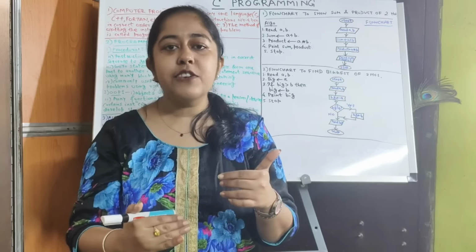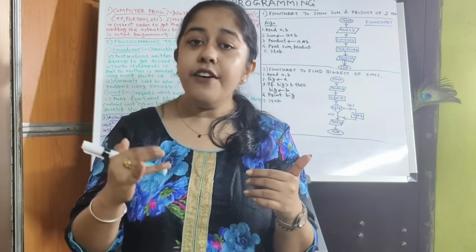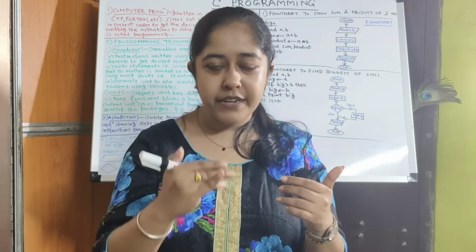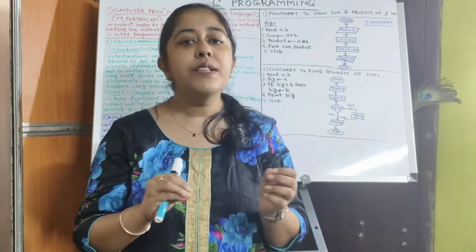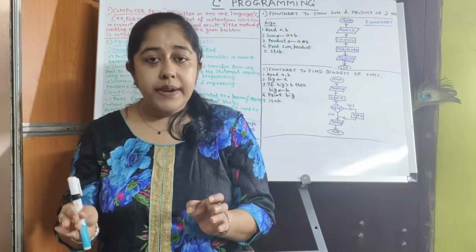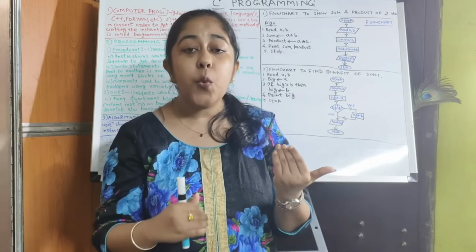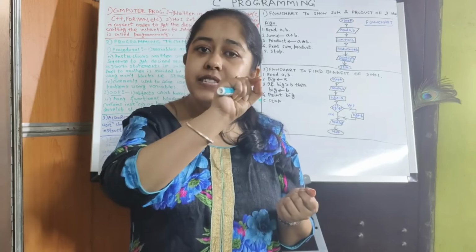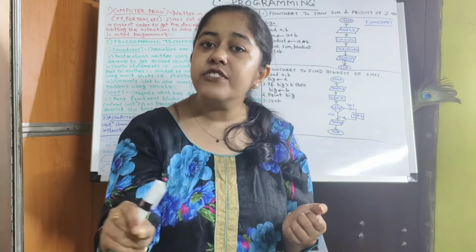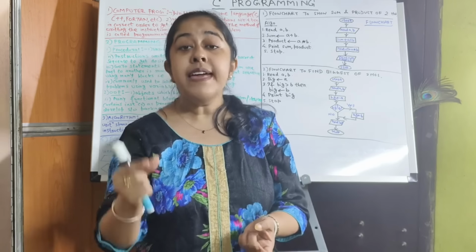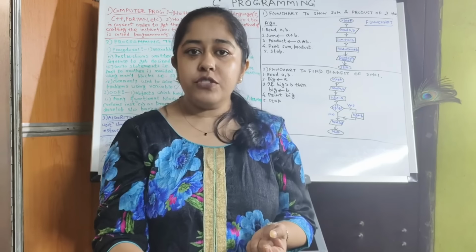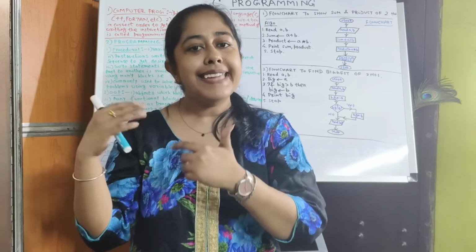In a particular sequence, the whole thing is written. When it is written in a particular sequence, then only you will get the desired result. Whatever instructions you are giving, the computer will just go through each and every instruction you are providing. Then after seeing those instructions, it will do some calculations.